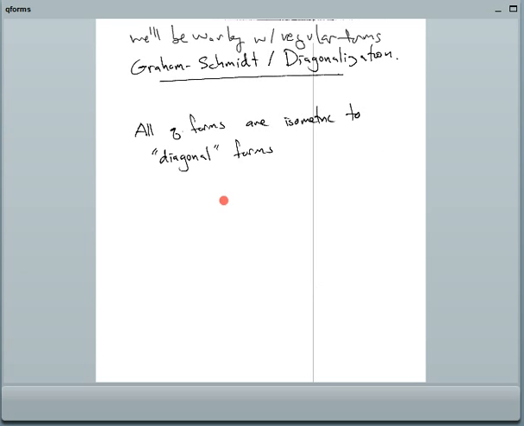Now, one thing that makes life very nice when you're working with quadratic forms is this process of diagonalizing the form.